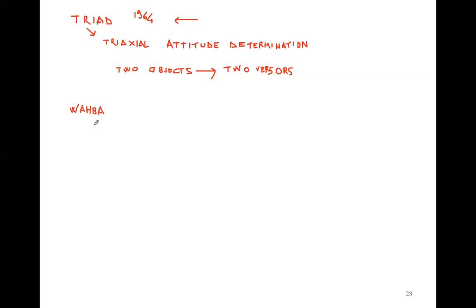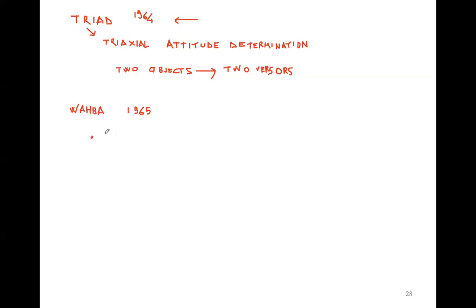And there are a few algorithms that were designed to solve this problem. So Wahba in 1965 introduced the Wahba problem, and many algorithms through now were used to solve it.